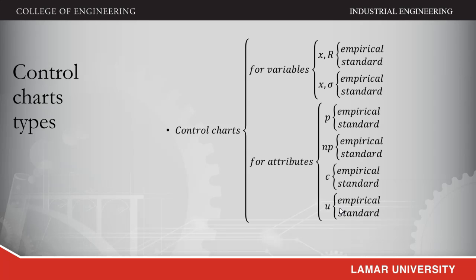Now you can see that all of these charts are either empirical or standard. Empirical means that we're going to use just the data that we obtain in our own measurements in order to build the upper limits and the lower limits and the central lines, both for X bar or for the range or for sigma.